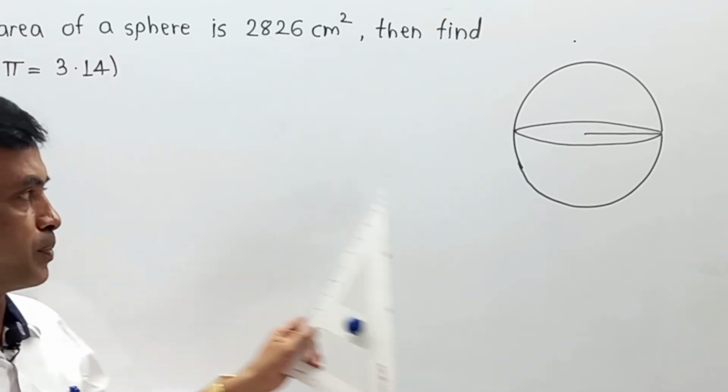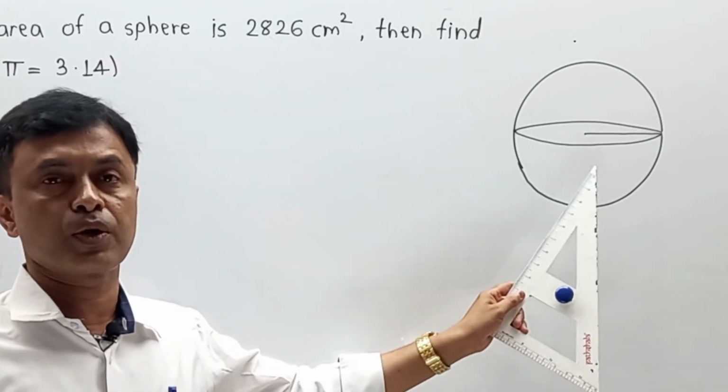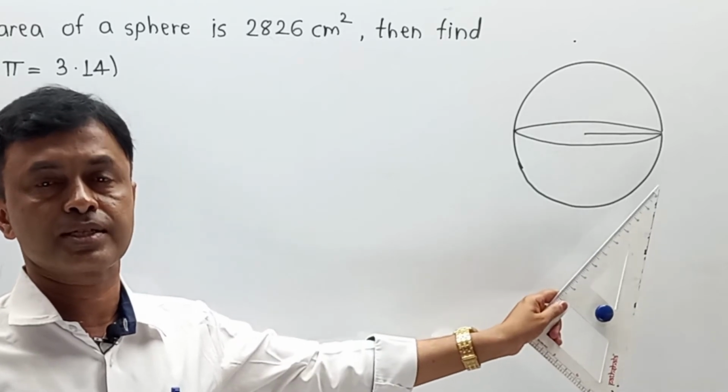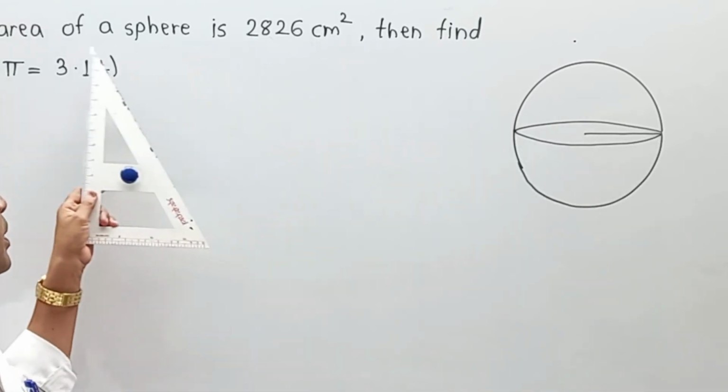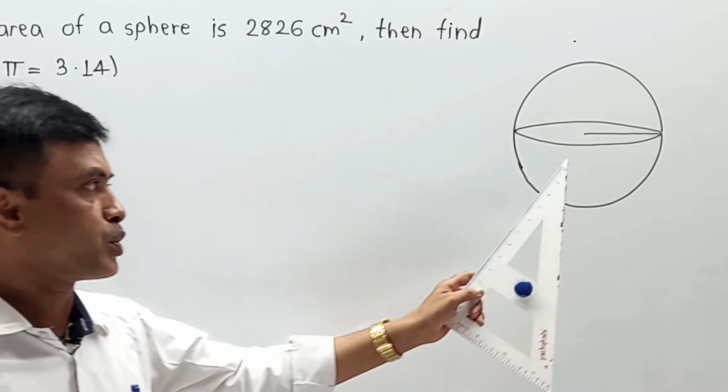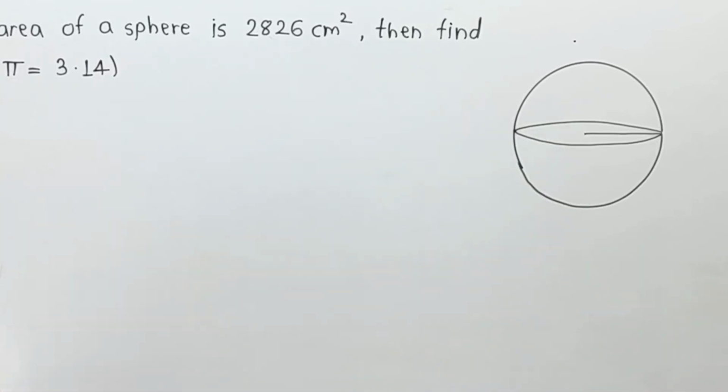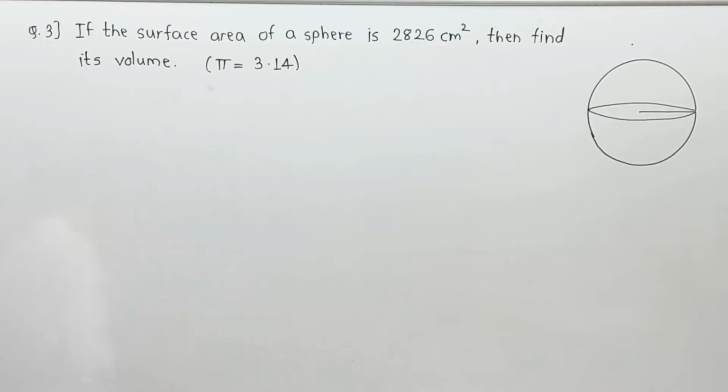Then find its volume. If we want to find its volume, then we must first find the radius, and this radius can be found out with the total surface area. So according to this diagram, we are solving the numerical.